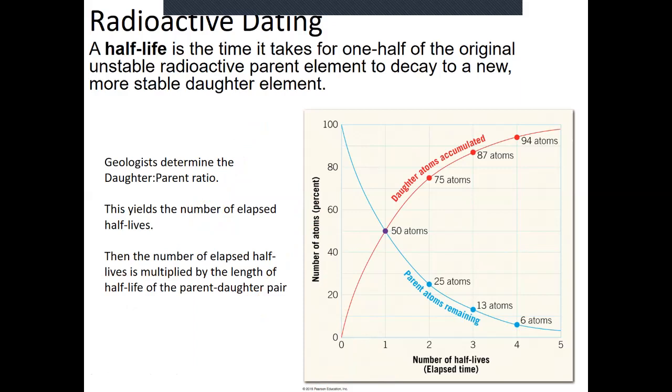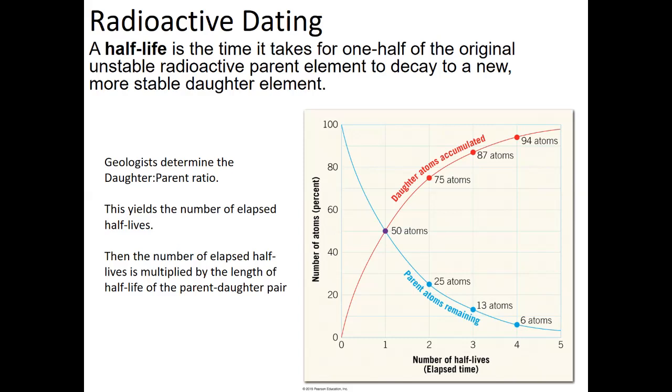So it's exponential, which means that it falls off a lot at first, and then it decreases less and less, more and more gradually, I guess, as time goes on. It's called exponential decay.